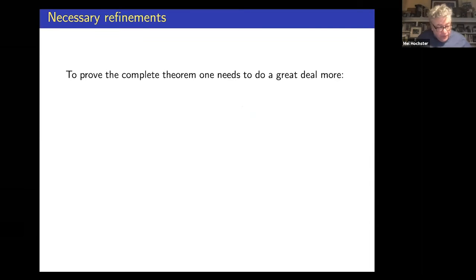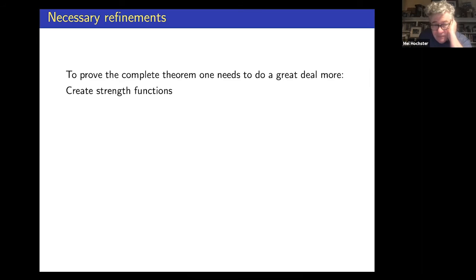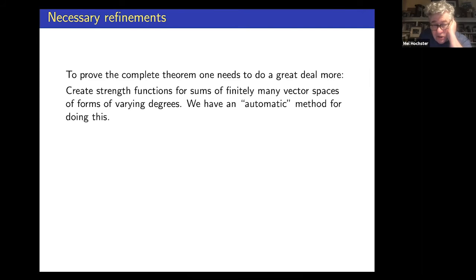But to prove the theorem, you have to do a lot more. And of course, I'm going to hide most of the details, which nobody would ever want to see in a talk. But you have to create strength functions, not just for one vector space, but for a sum of vector spaces where each of them has a degree.